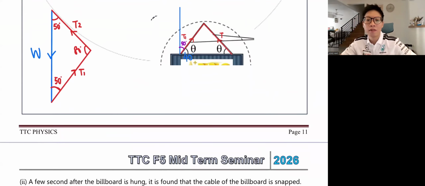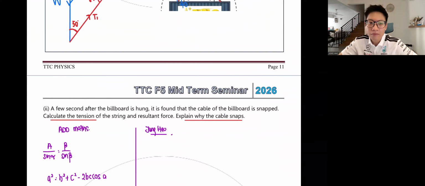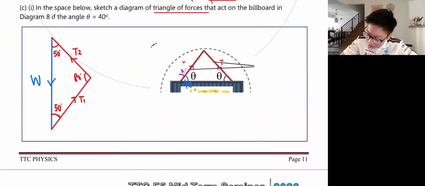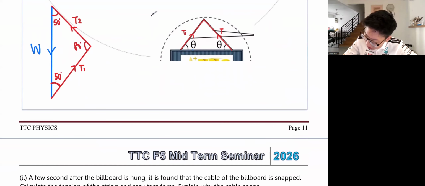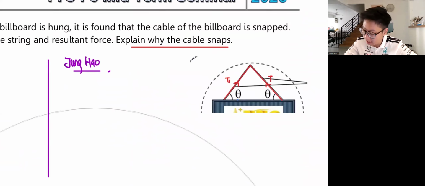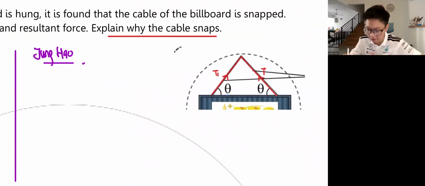So what you will see at the bottom part here is JUNGHAO's method. JUNGHAO's strategy is very similar, but we do something a bit different. I will draw this into a cross first.